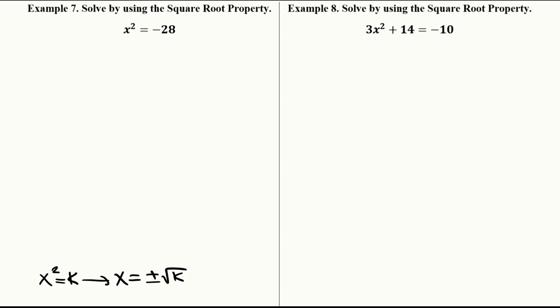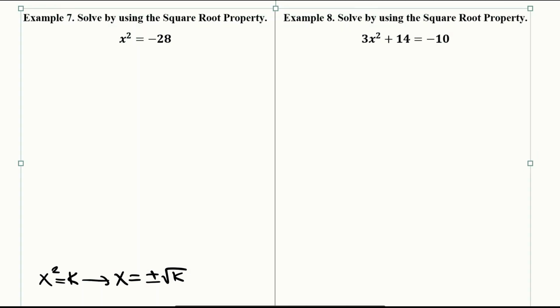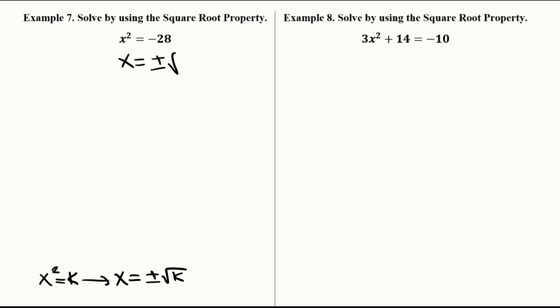So it works when k is negative as well. So we're just going to use the same rule. So we get x equals plus or minus square root of negative 28.